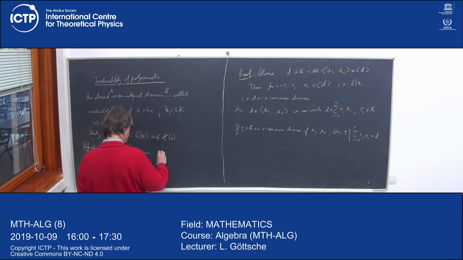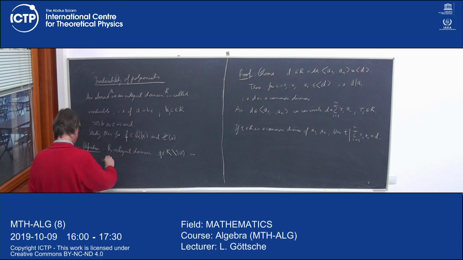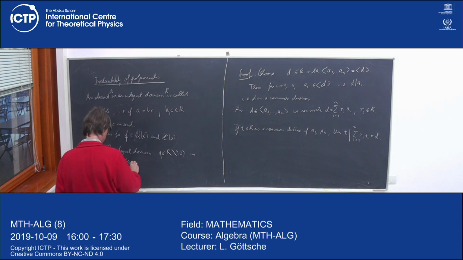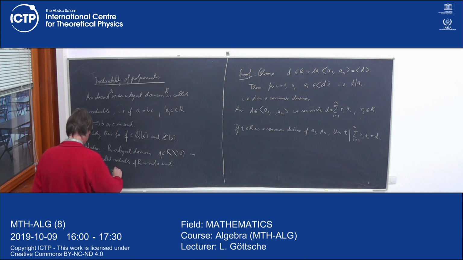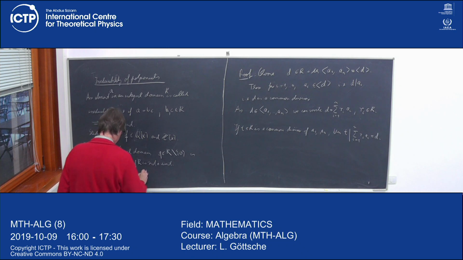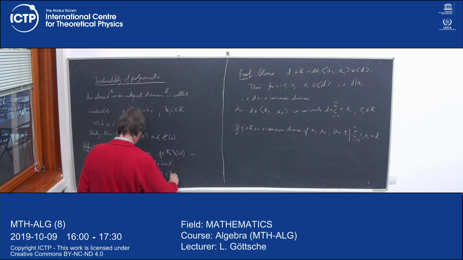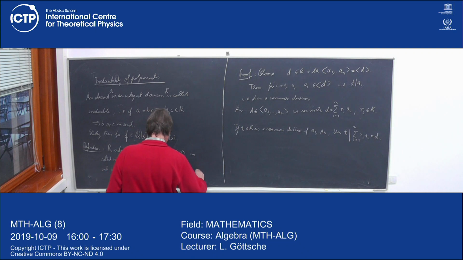So as I said, q in R, which is not 0, is called irreducible if it's not a unit, and, as I wrote before, whenever I can write q equal to a times b, with a and b in R, it follows that a is a unit or b is a unit.